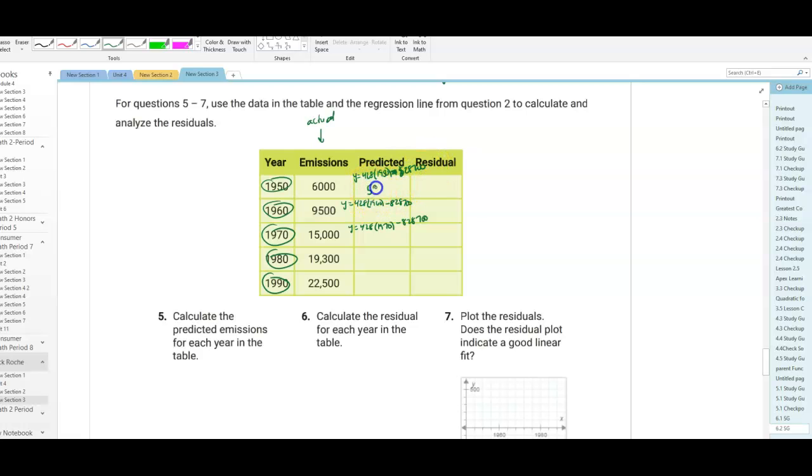When I do that, I get 5,900. Then when I plug 1960 into our regression model, I get 10,180. When I plug 1970 in, 14,460. Then here, I get 18,740. Then I would get 23,020.